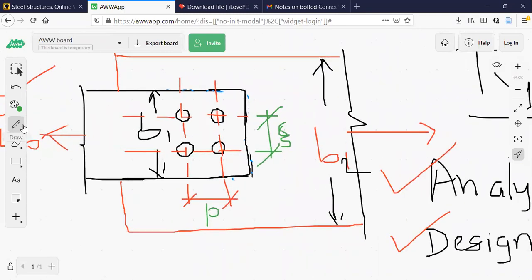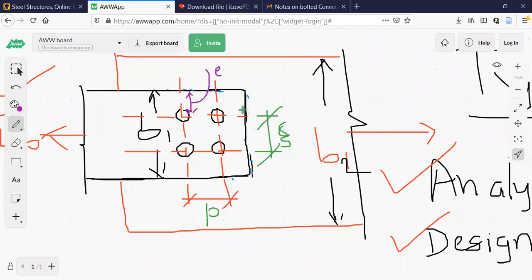In this figure, observe this one. As you see, this is G, this is P. Then what is this distance? From the edge to the starting line, we call it the edge distance.